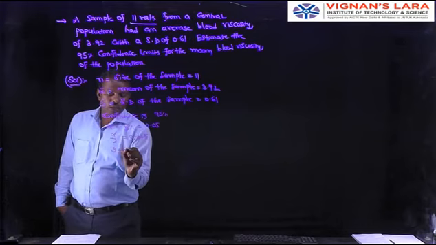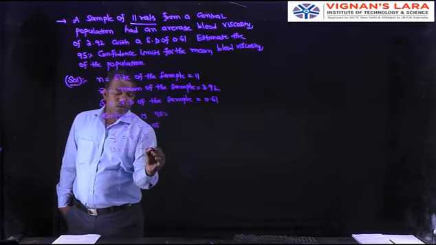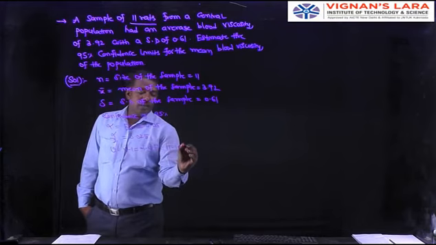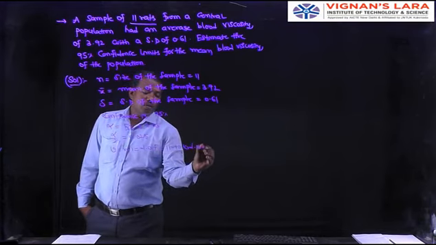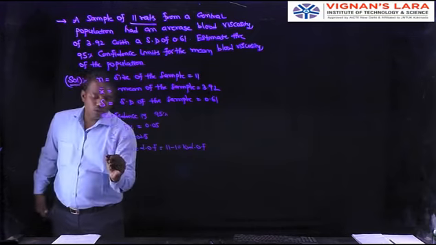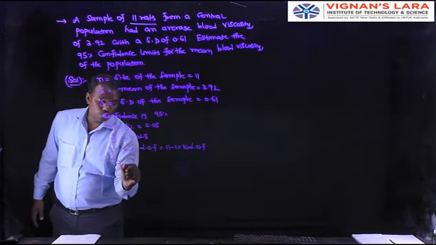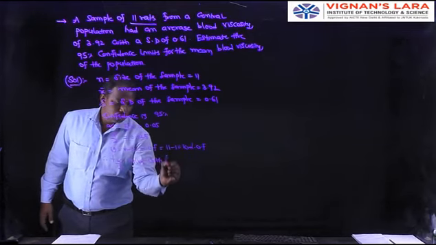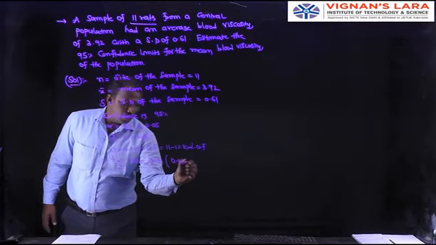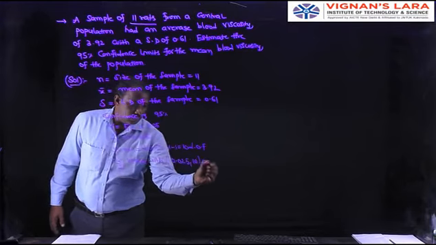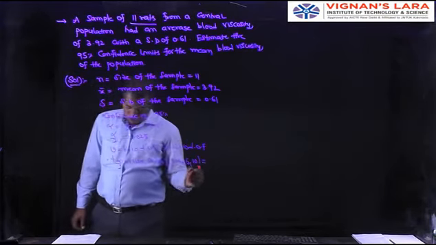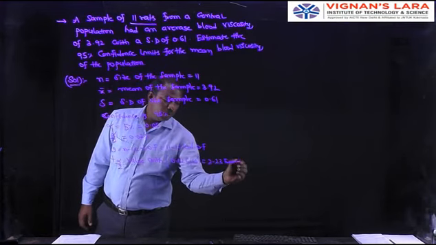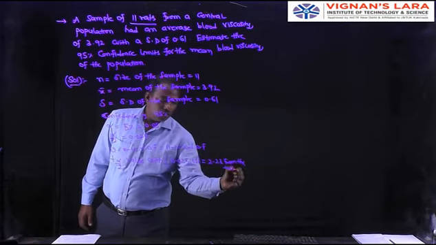V, n minus 1 degrees of freedom, is equal to 11 minus 1, 10 degrees of freedom. Therefore, T alpha by 2 value with 0.025, 10 degrees of freedom is 2.23 from the table.